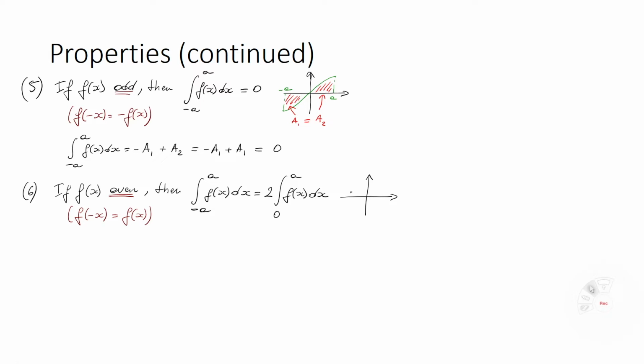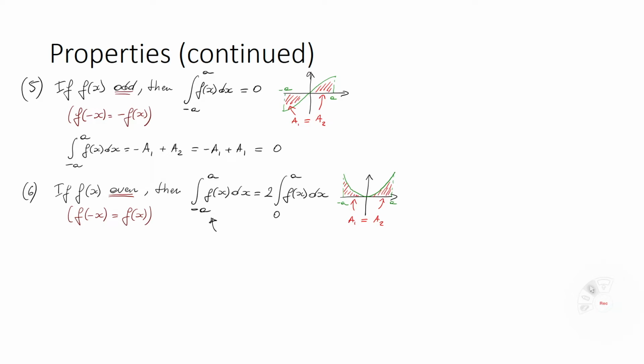So an even function is one that is symmetric for reflection around the y-axis. Then let's say this is minus a and this is plus a. Then we see that again these two areas, a1 and a2, are the same.